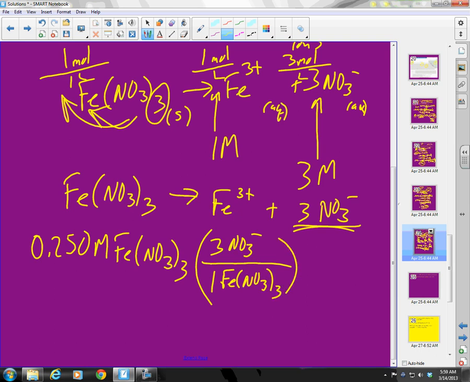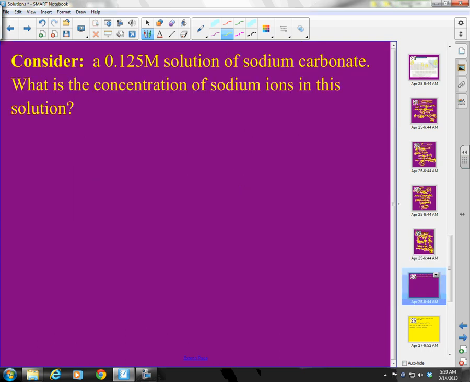Then what's the molarity of my nitrate? 3 times 0.25 would be 0.750 molar nitrate. Hey, that's not hard at all. We don't even have to really write notes, do we? Okay, you guys do this last one.